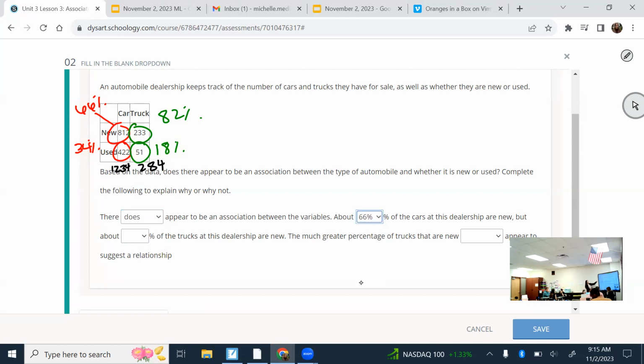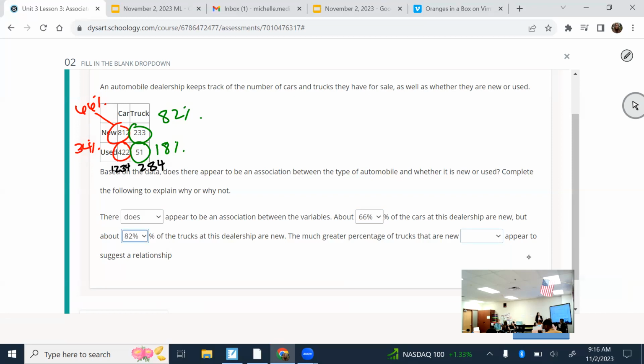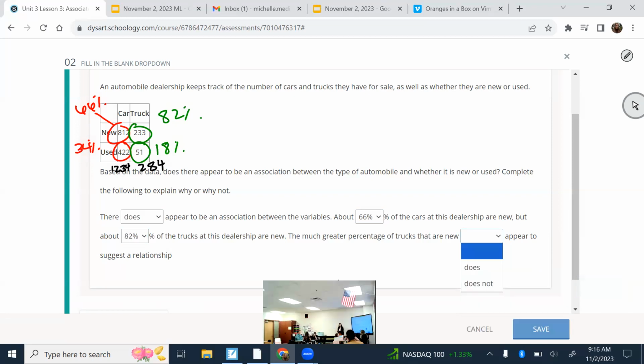66, remember we calculated it, right? 812 divided by 1234. And then, but blank of the trucks at this dealership are new. Okay, good. The much greater percentage of trucks that are new does or does not appear to suggest a relationship. Does.